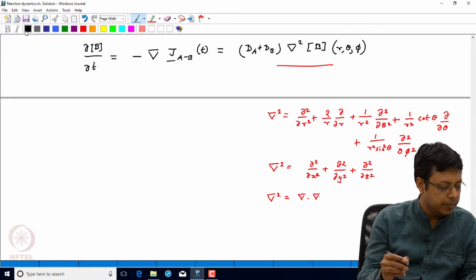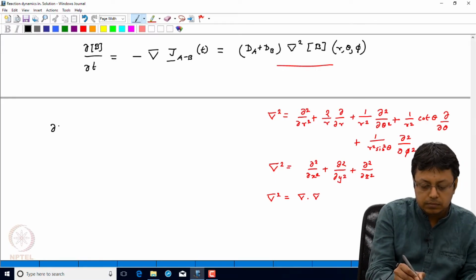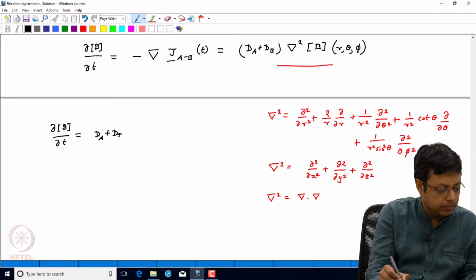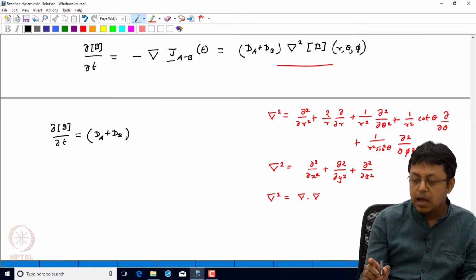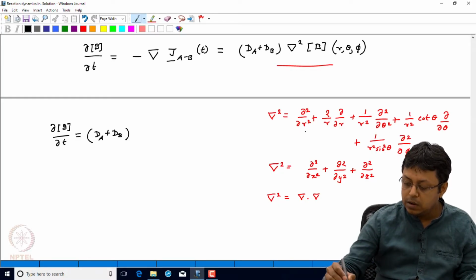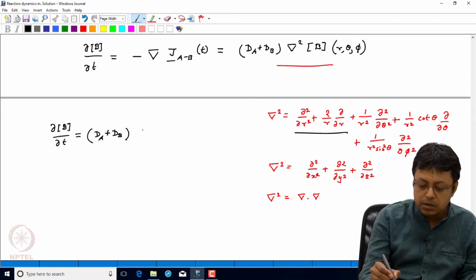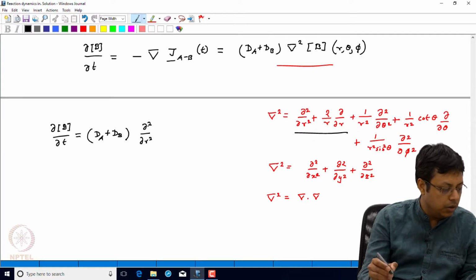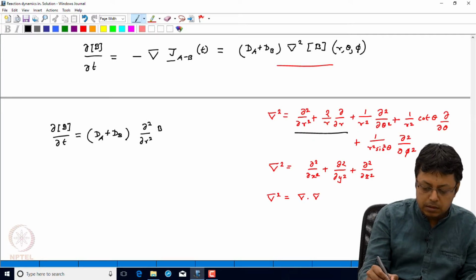So, del B del T will be dA plus dB times del square of B. Here I will just consider the first two terms of del square. So it is del 2 del R2 of B plus 2 by R del R of B.